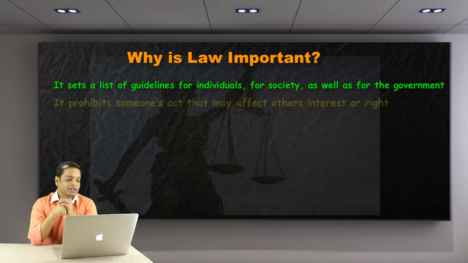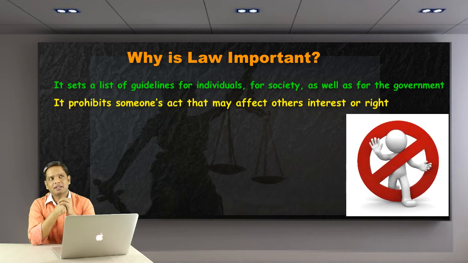Next point is, it prohibits someone's act that may affect others' interests or rights. What does it mean that you have the freedom? Take the example of the right to speech and expression, that is Article 19 of the Indian Constitution.